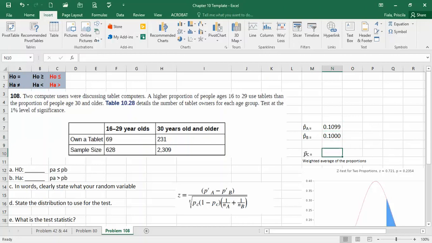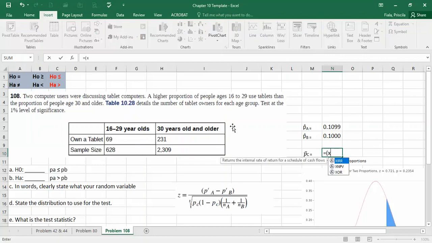Let's go ahead and calculate your pooled proportion, which is really gonna be the sum of these two values, which you could call the x values. So the sum of 69 plus 231 divided by the sample sizes, 628 plus 2309.